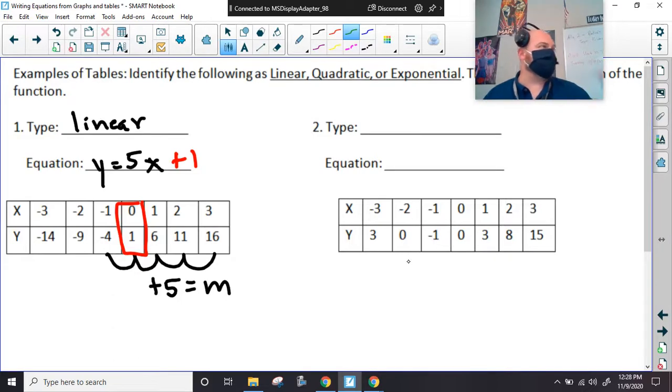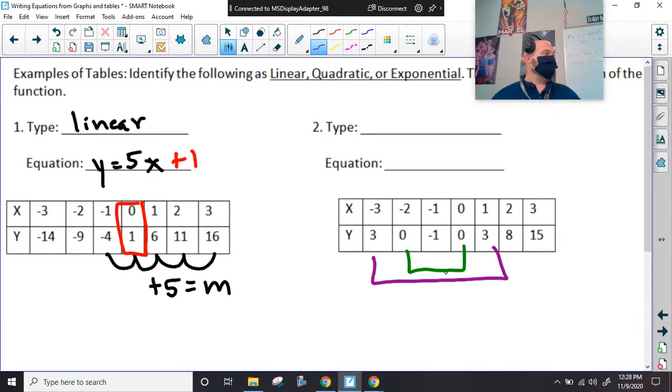Yeah, it doesn't look like there's an add or subtract pattern. Yeah, but what do we notice about these two and these two? They're the same. It's symmetric. What graph do we know all the y values are symmetric? Quadratic. Awesome. So this is a quad.